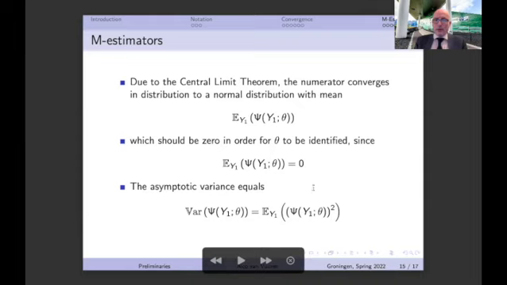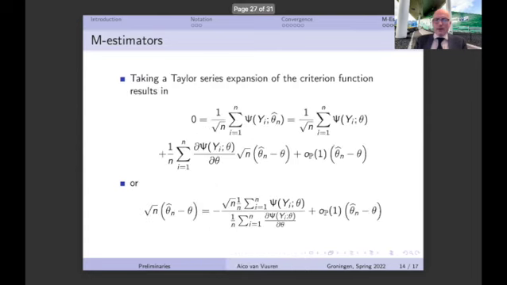So therefore it's just the corresponding second moment of this thing over here, which means we simply have to square this thing over here. So therefore we're going to get this for our asymptotic variance. Take into account that that's only the asymptotic variance of this numerator that is over here.